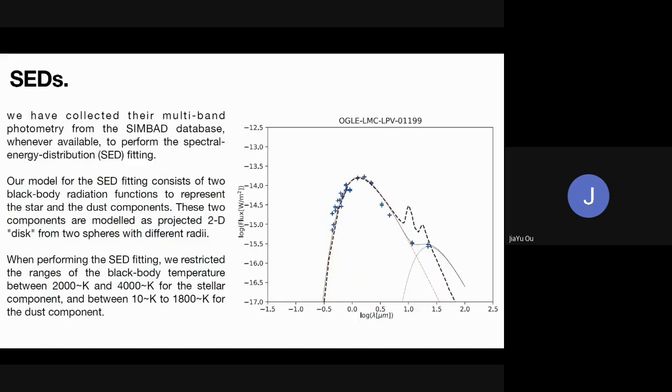We fit the two parts: the red dashed line is the star part SED function, and the blue dashed line is the dust component. In our 2D disk model, we can see it can easily fit the SED with our photometric data.